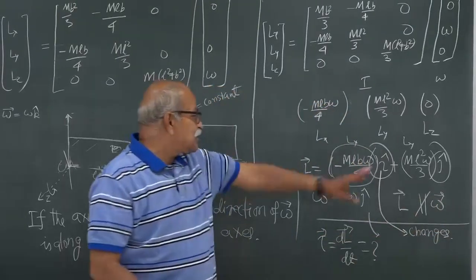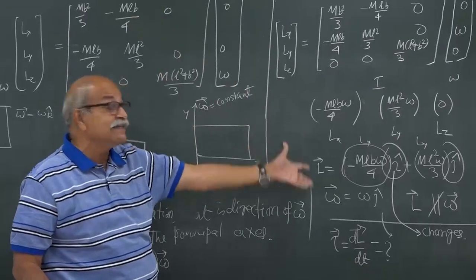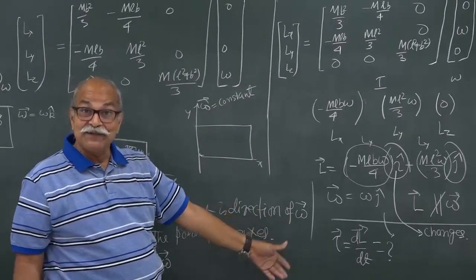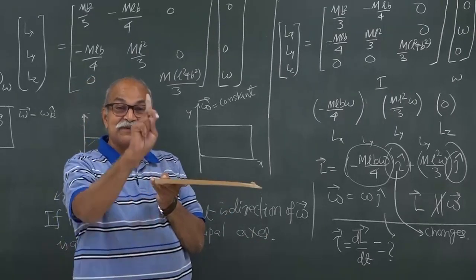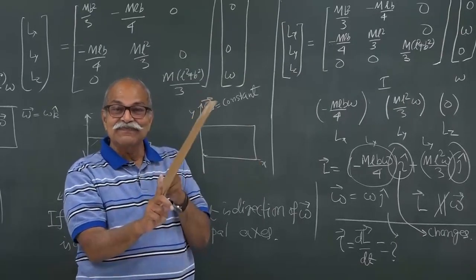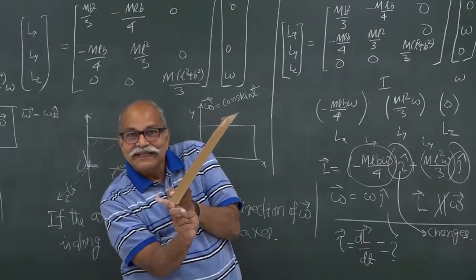So although Lx is constant, Ly is constant, what we are using is a rotating frame of reference. K cap is also changing. Where is k cap? Perpendicular to the plate. This is the z axis, and as it goes from this position to this position, the z axis also tilts.